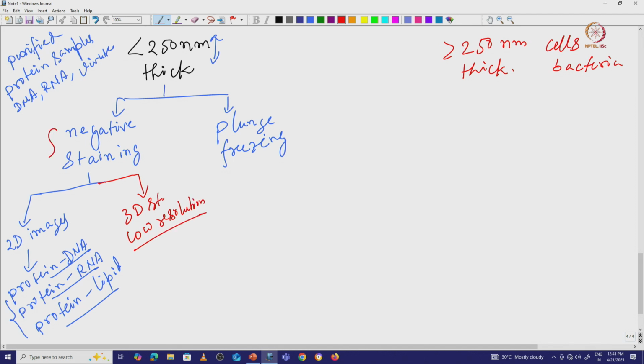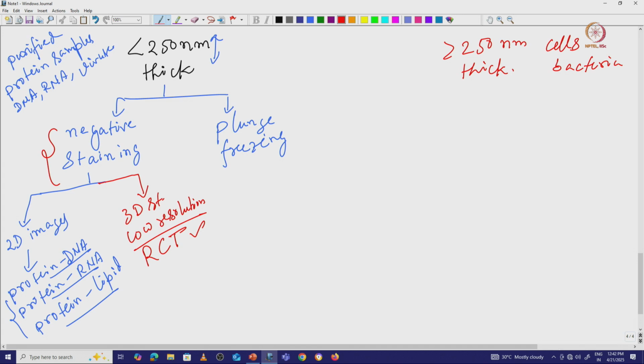Why negative staining always gives low resolution images we can discuss at a later stage, but most of the time we used the random conical tilt experiment or the orthogonal conical tilt experiment. The random conical tilt experiment was very popular from 2000 to 2015, before we got the direct electron detector. So we used that random conical tilt to get a low resolution structure, just a volume.